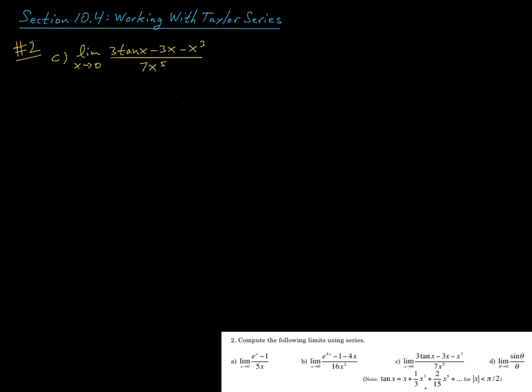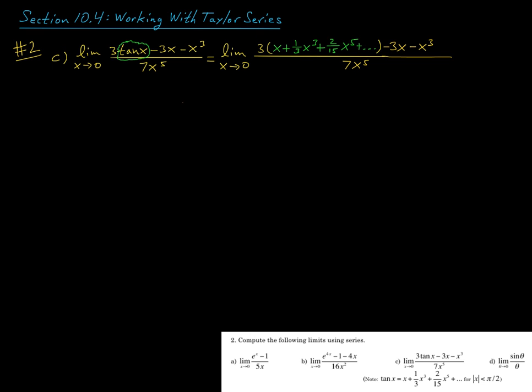But notice right below the limit, I give you the first 3 non-zero terms of the Maclaurin series for tan x, and it just so happens that this series converges to tan x on the interval where the absolute value of x is strictly less than pi over 2. In any event, let's go ahead and trade in tan x for this series.